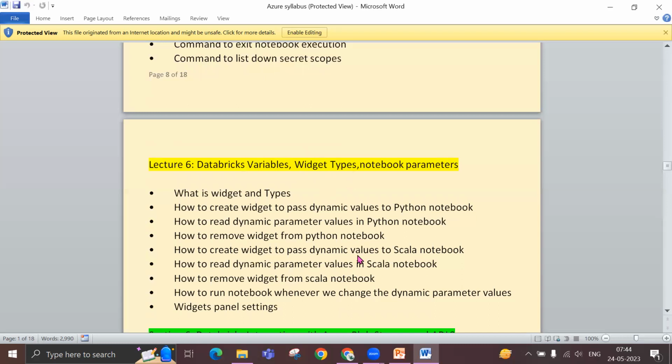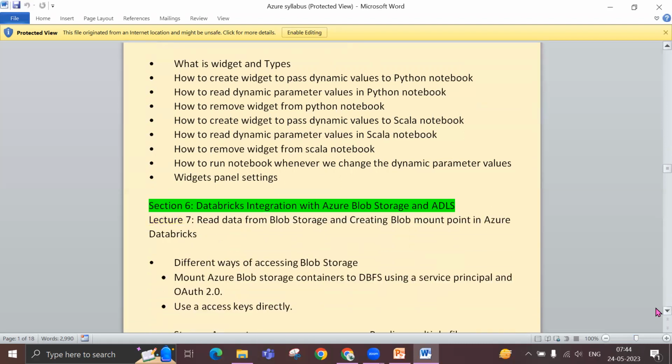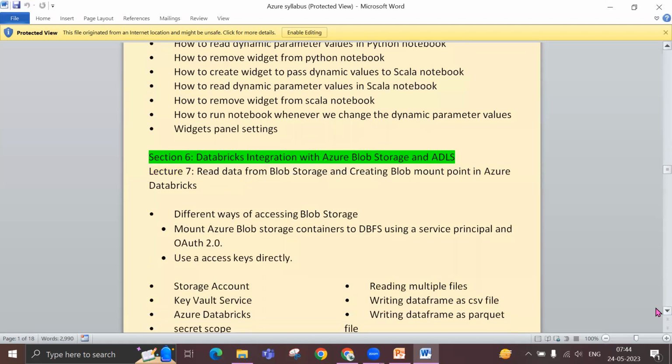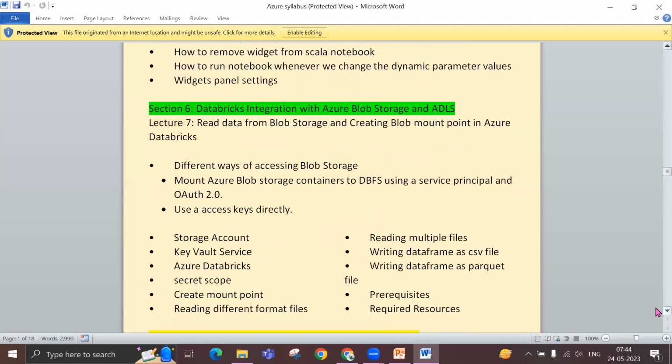So what is a widget? How do we create widget types that we can pass and associate with the notebook? Finally, we also need to integrate these services. Assume the ADLS blob storage we've been dealing with so far in Azure Data Factory.